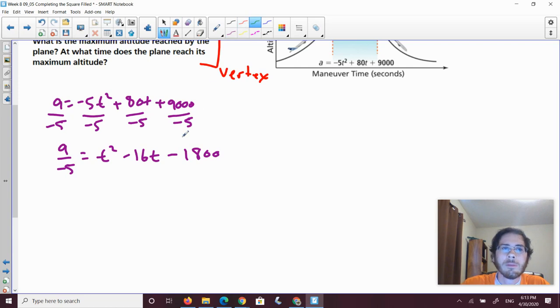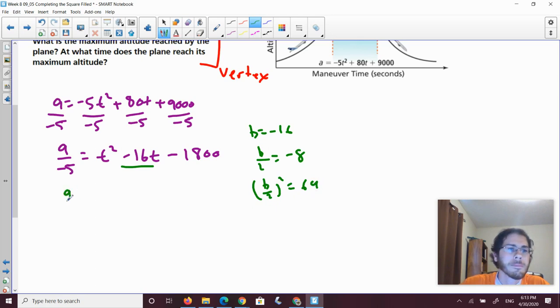We find b. B is negative 16 divided by 2, negative 8, square it, 64. So A over negative 5 equals t squared minus 16t plus 64 minus 64 minus 1800.